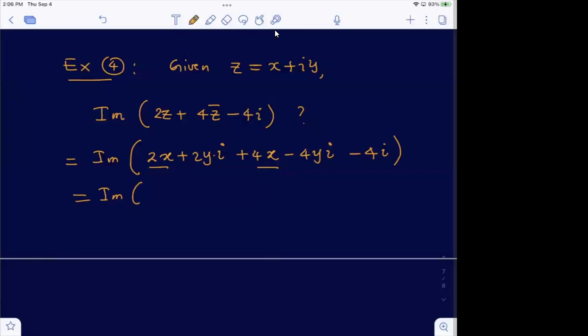When you consider the real components, you can see it is going to be 6x. And then when you consider the imaginary parts, you can see it has contributions from 3 terms. Put them together: i times (2y plus 4x, and then minus 4).